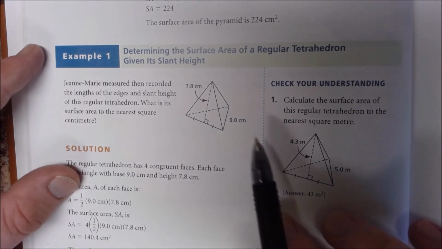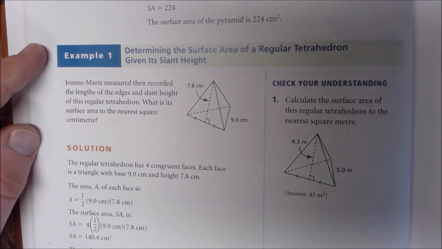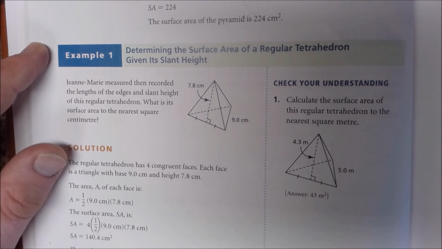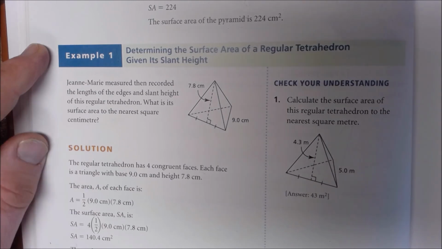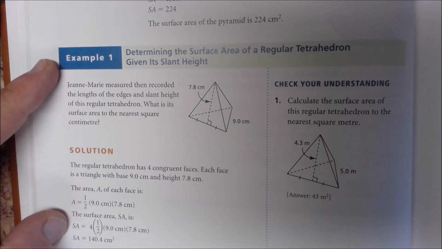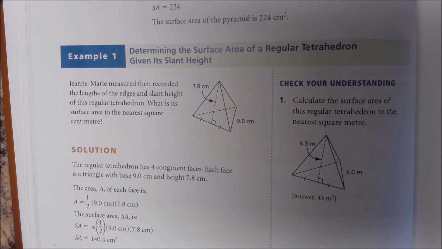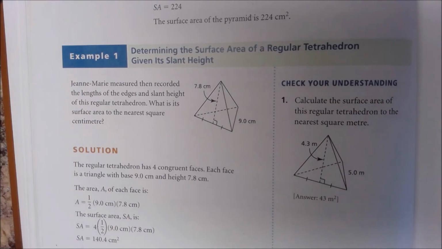A triangular pyramid where the base is 9 and the slant height of each triangle is 7.8. So we're dealing with the same base. Each triangle is the same, has a base of 9 every single time. Okay? And we're going to be dealing with 3 sides. So let's do that.